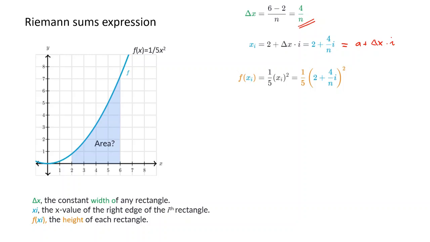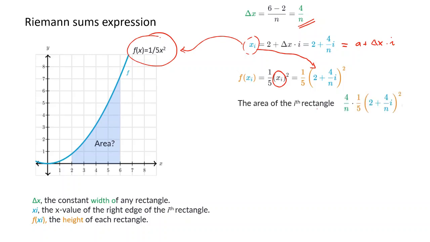Because a equals 2, it's 2 plus 4 over n times i. For f(xi), we substitute xi into this function, so f(xi) equals 1/5 of xi squared, and then we substitute xi with this expression.